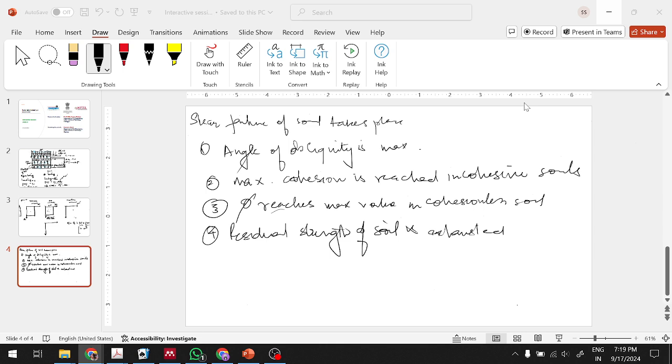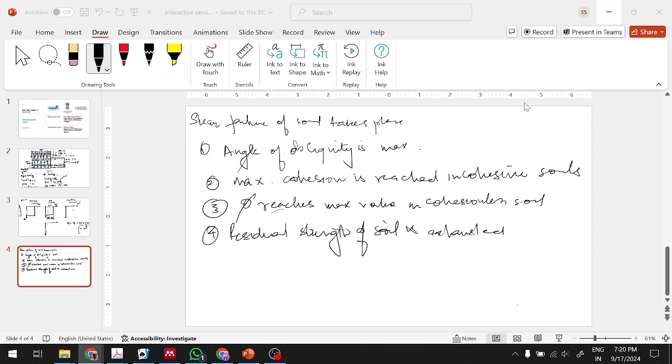The angle of obliquity you can think of as the angle on the plane of maximum shear stress.